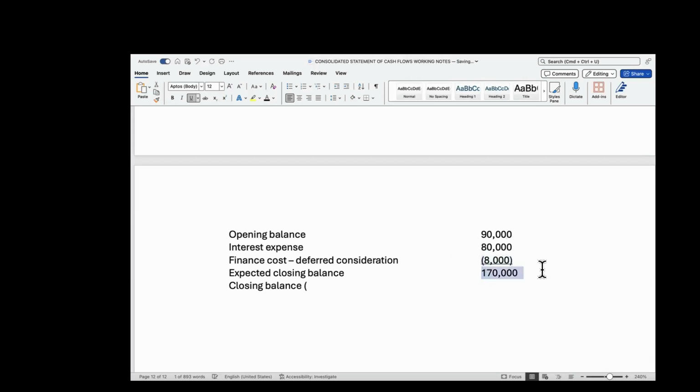So this will be how much? 162. So my closing is 100. So what's the difference? That's my interest paid. Of how much? Paid interest of 68.